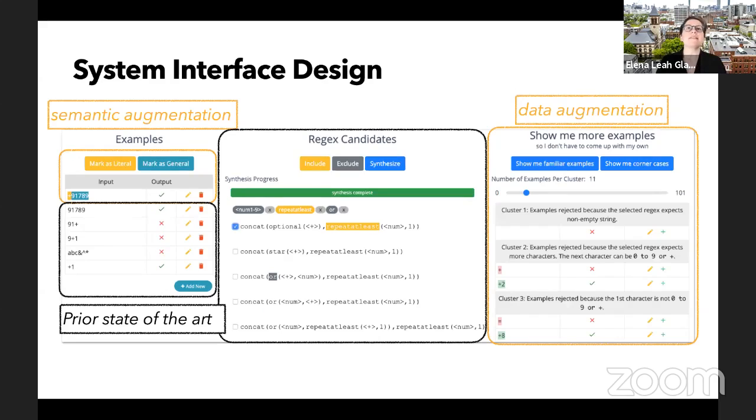If we take this as a system now, we can experimentally test whether our hypotheses about the characteristic semantic augmentation and data augmentation truly do help users get around the obstacles that we identified.